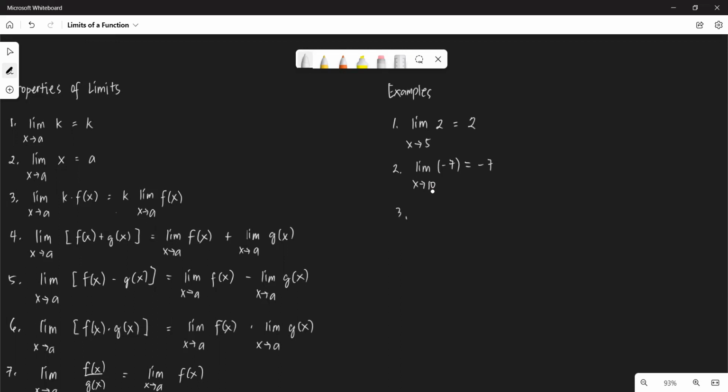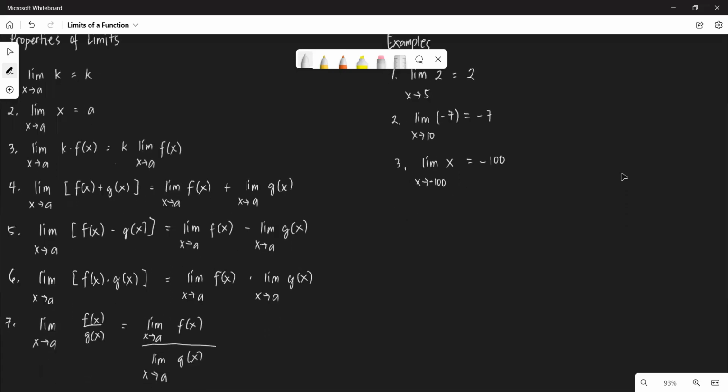So now an example for property number 2. So if we have a variable x and we get its limit as x approaches -100, the answer is the value of a. So the number that is being approached by x. Okay, so -100.